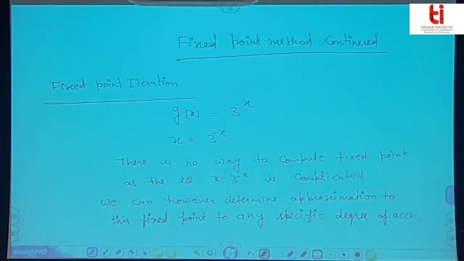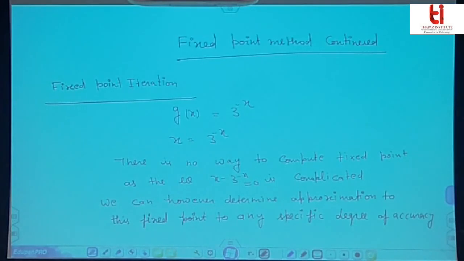Means what? When it is not easy to find the solution of the equation x minus 3 raised to 1 minus x equal to 0, then we can determine the approximation to the fixed point to the desired accuracy.